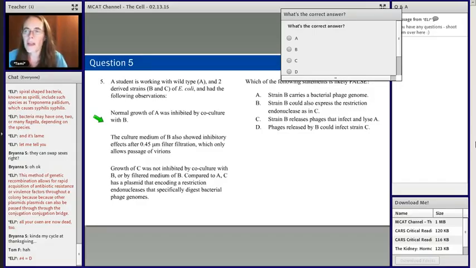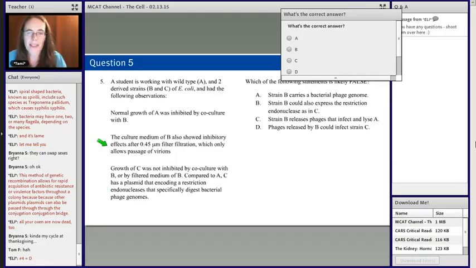Which of the following is false? Okay, we've got 4 things here. So 1 will be false, 3 will be true. Strain B carries the bacterial phage genome. That's true because it causes A to die. Strain B could also express the restriction endonuclease C. If it has a restriction endonuclease, which this says C has, then B would not die with the filtered medium.